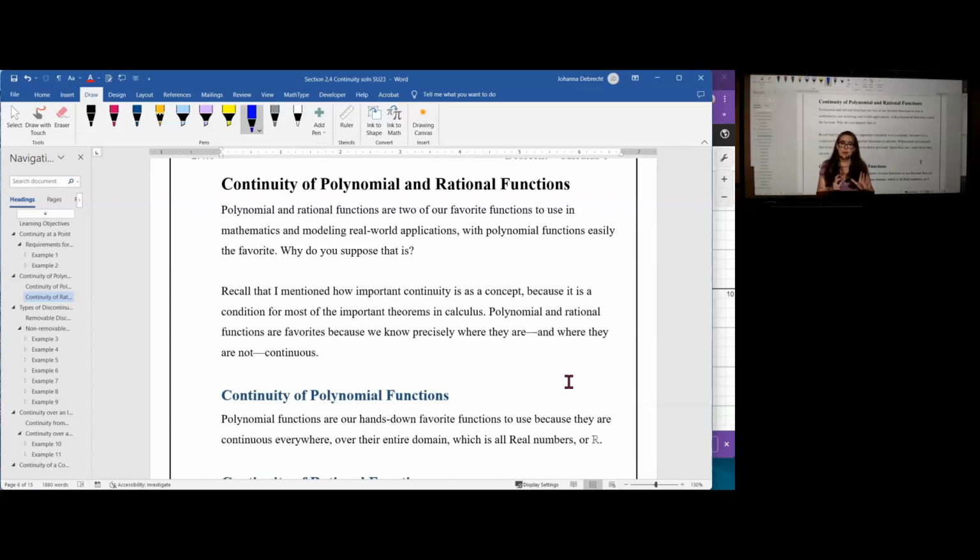Polynomial functions, remember, consist of real coefficients. So let's define polynomial. This double bar R stands for real coefficients and whole number powers on x when written in the numerator.